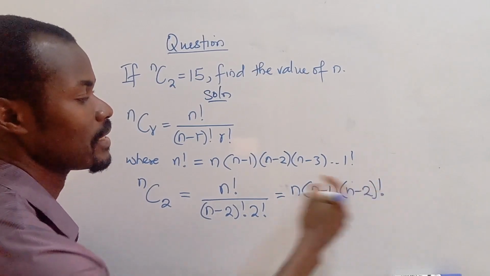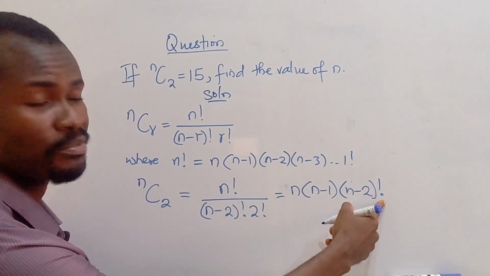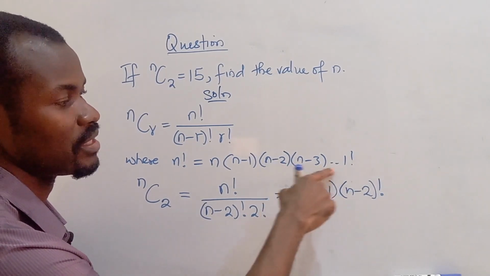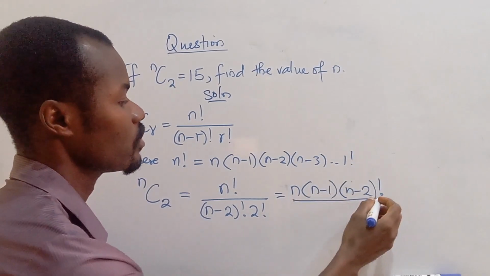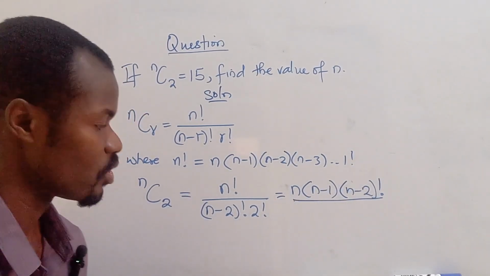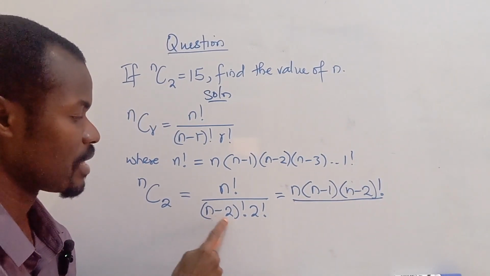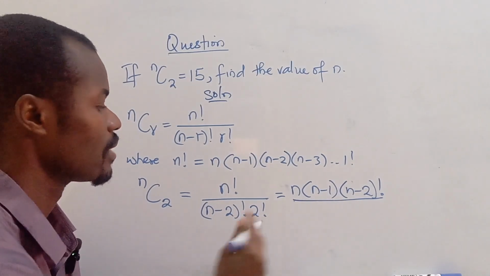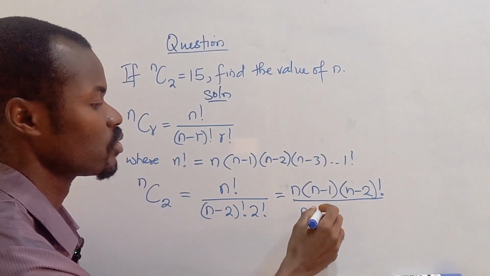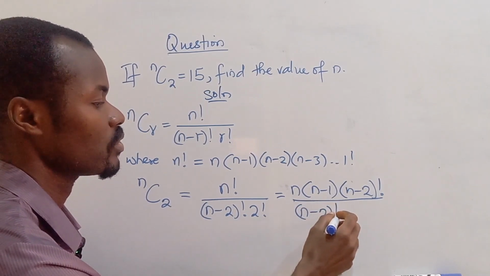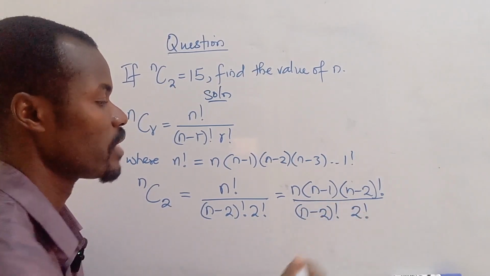I'm going to stop at n minus 2 factorial, which keeps going, because we have n minus 2 factorial at the denominator, which can cancel out.